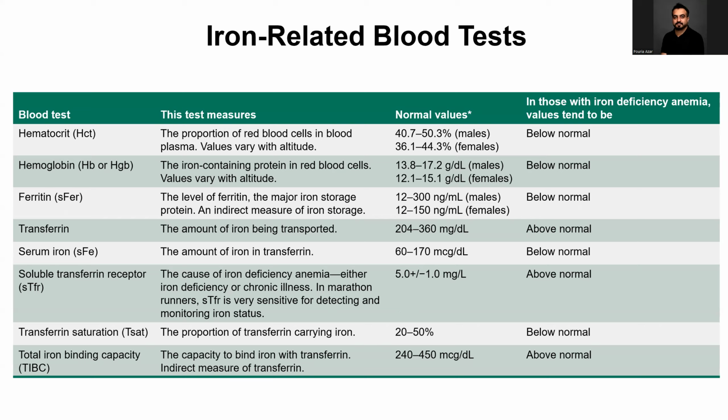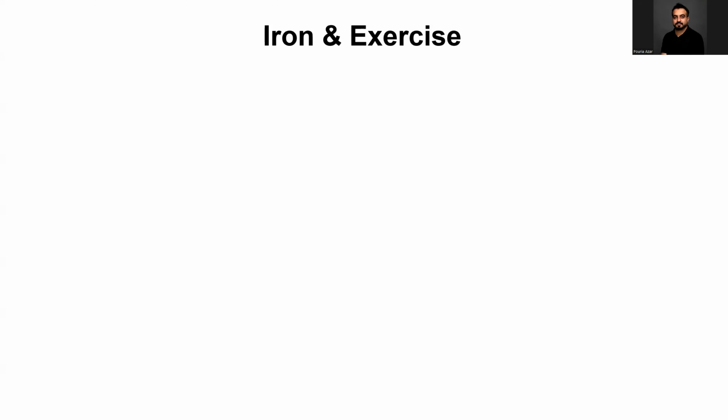We can measure hemoglobin, ferritin, transferrin, serum iron, soluble transferrin receptor, transferrin saturation, total iron binding capacity, and so on. Among these, hemoglobin, ferritin, and transferrin are the most important ones. And hematocrit is also very important to diagnose iron deficiency anemia.